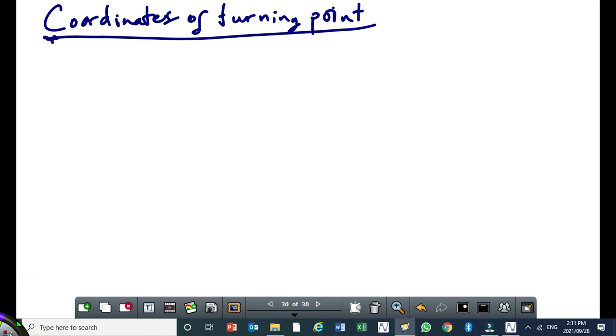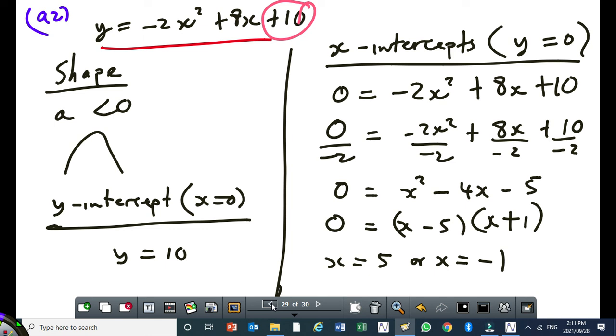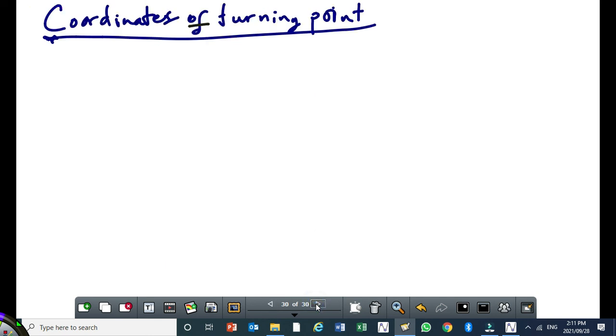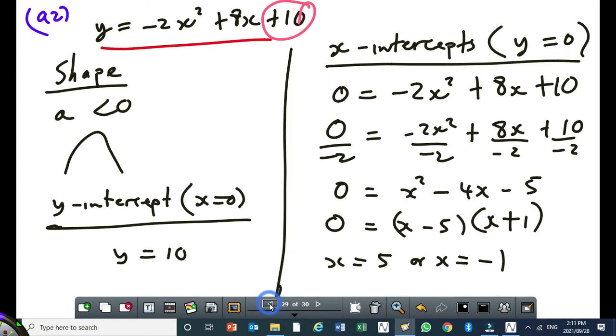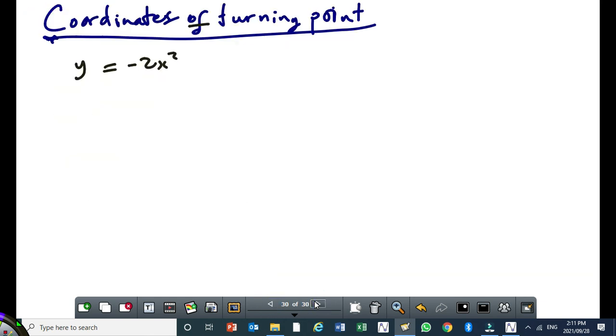Coordinate of turning point. So that would be y equal to minus 2x squared plus 8x plus 10. So x is equal to minus b over 2a.